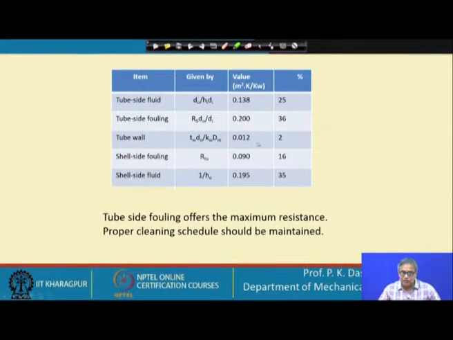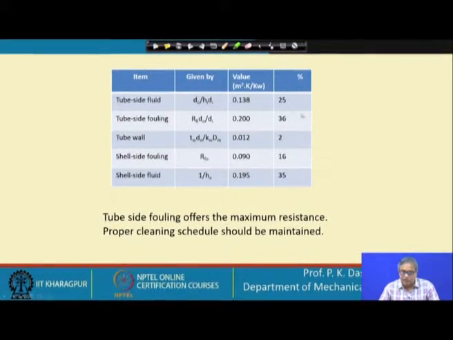Tube wall, that is only 2%. It is heat transfer through metallic surface by conduction, and generally it is small. So, in many heat exchanger calculations at the first round, people may neglect this one. Then shell side fouling, that is 16%, and shell side resistance, that is 35%.